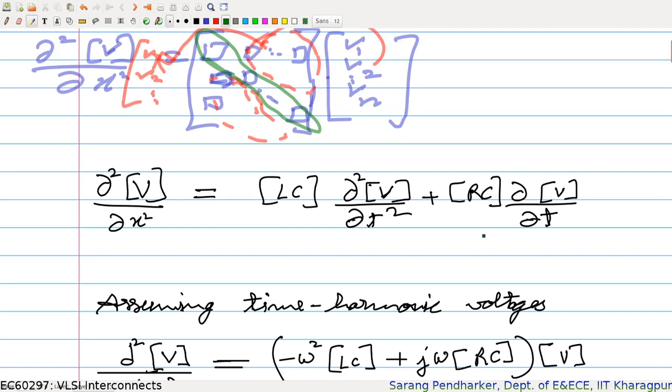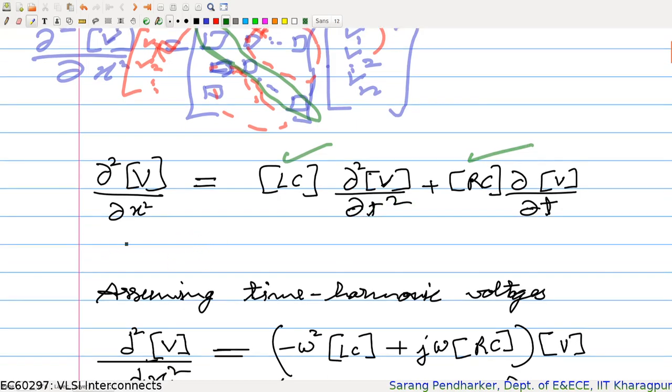But in general, if you have an equation like this, the question is, what should I diagonalize? Should I diagonalize LC or should I diagonalize RC? Because the transformation matrix that will diagonalize my LC and RC might not be the same. So the answer is that you need to diagonalize the final equation form which you will be able to solve.